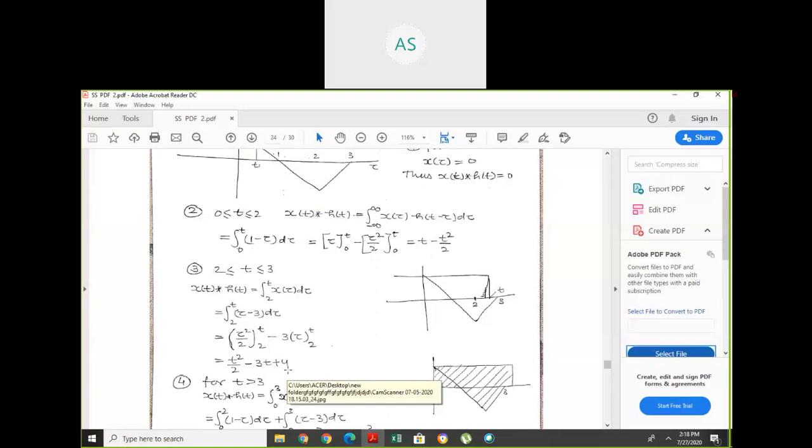And when t is greater than 3, then the convolution is given by the higher limit 3 and lower limit 0, because when t is greater than 3, the value of x of tau is 0. So the higher limit is 3 and the lower limit is 2.